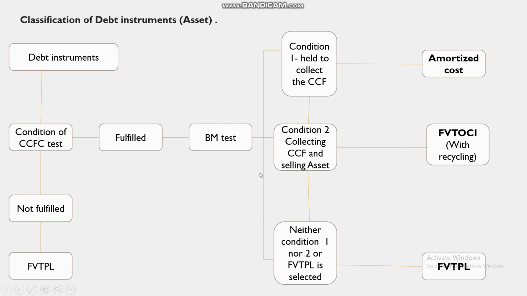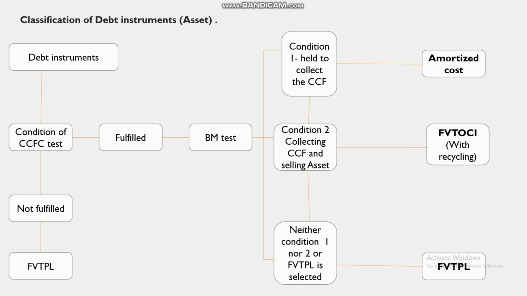In the business model test, we have three options. Condition 1, hold the contract to receive the contractual cash flows. It's nothing but the return. So we are going to hold the contract and wait for the return. Right? If you are waiting for the return, then we need to treat it at amortized cost. Condition 2, collecting the cash flows and selling the asset. So receiving the cash flows and afterwards selling it, then we need to treat it at fair value through other comprehensive income with recycling.